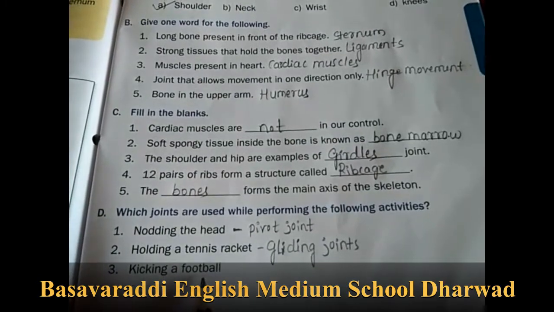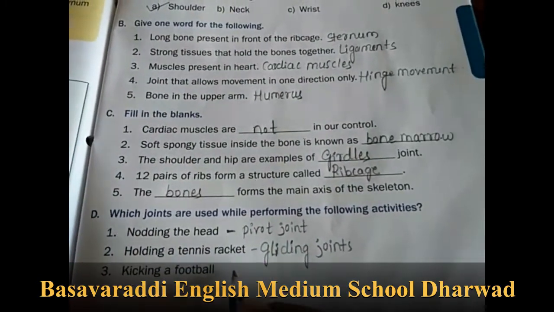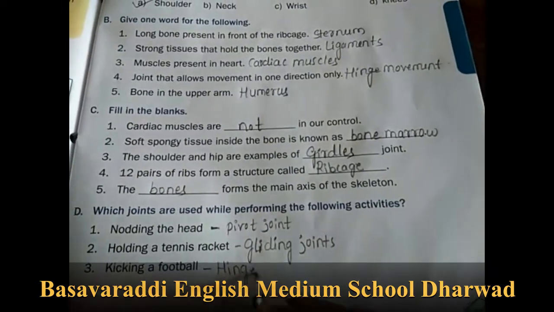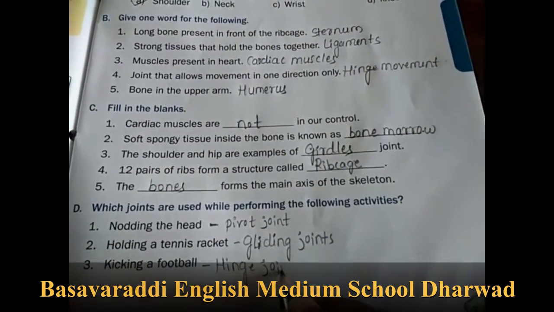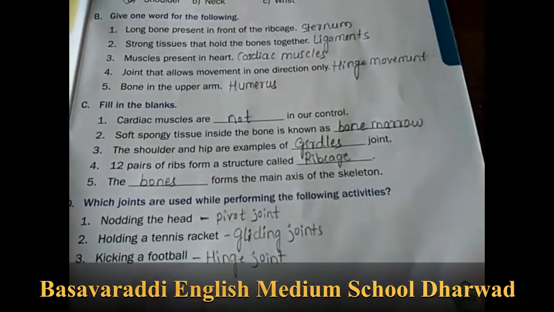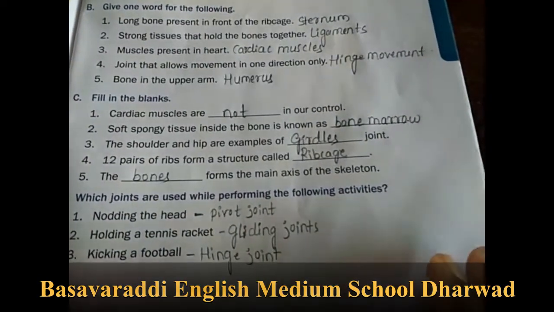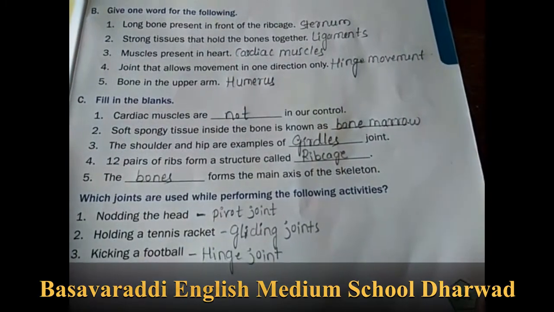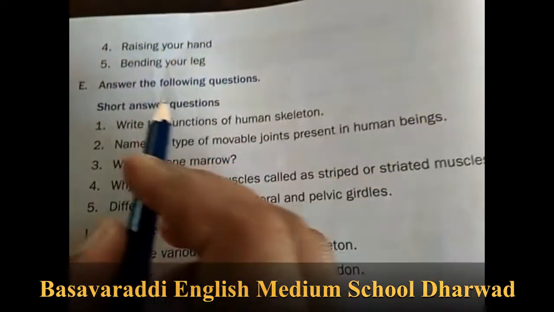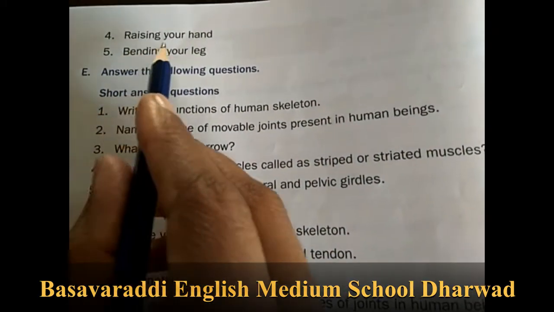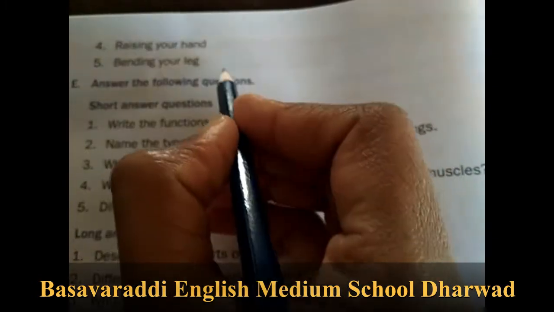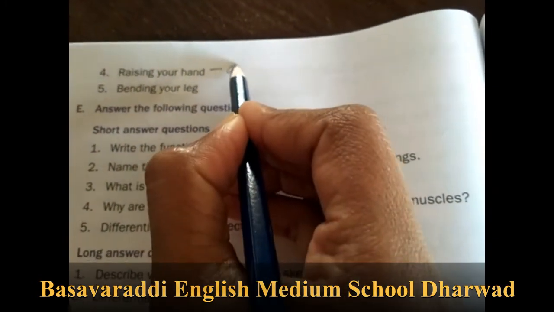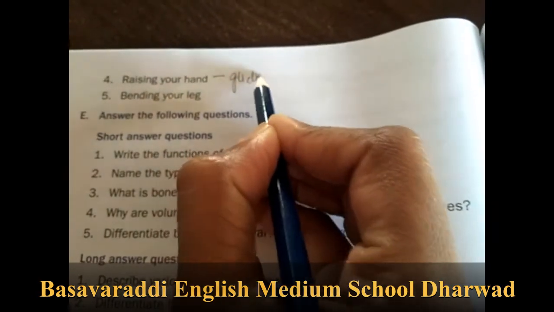Third one, kicking a football, that is hinge joint. Next, fourth one, raising your hand, that is the gliding joint.